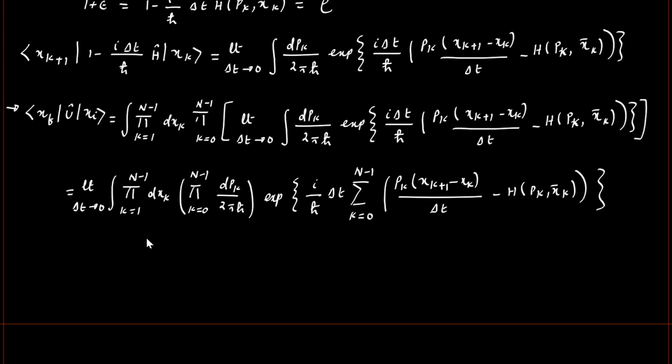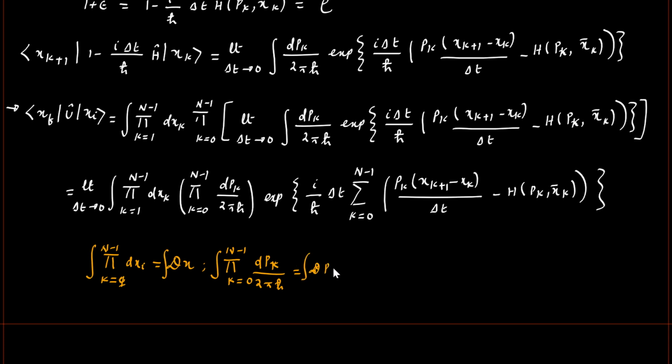Okay, but here we denote the integral of this expression, that is the multiplicative symbol from k equal to 1 to n minus 1 of dx_i as dx, and the integral of the multiplicative symbol from 0 to n minus 1 of dp_k divided by 2 pi h cross as the integral dp.